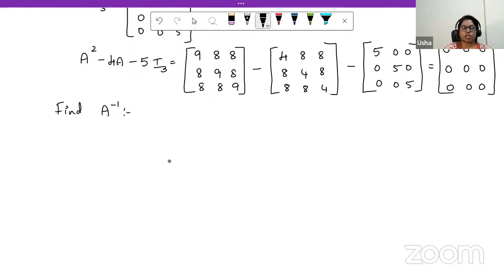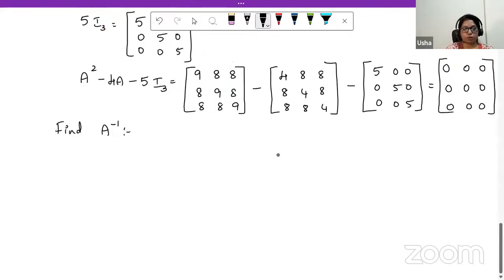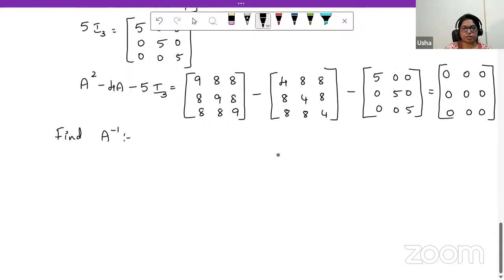A into A inverse gives you I. A inverse is the multiplicative inverse of A, which gives you an identity matrix. So once you know the identity matrix, you can get A inverse. Or in other words, you can also directly find it as well.